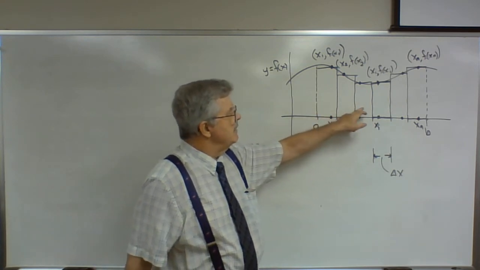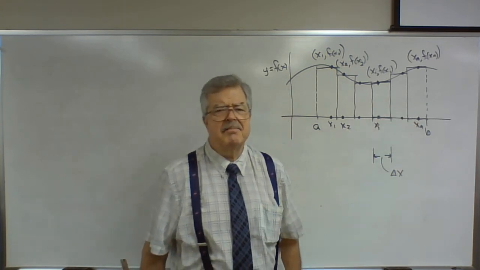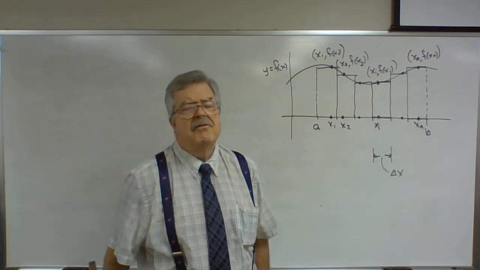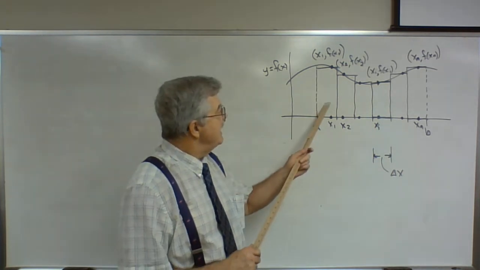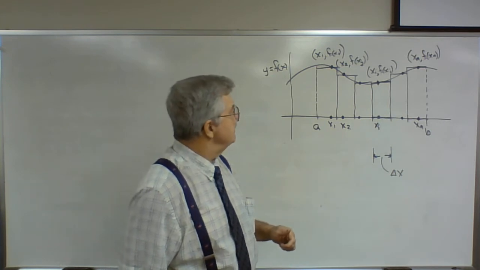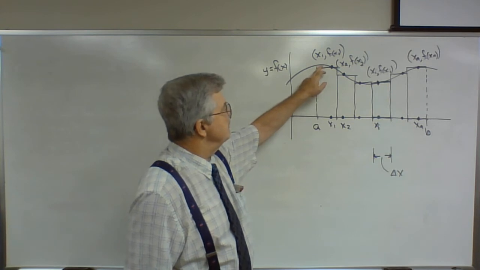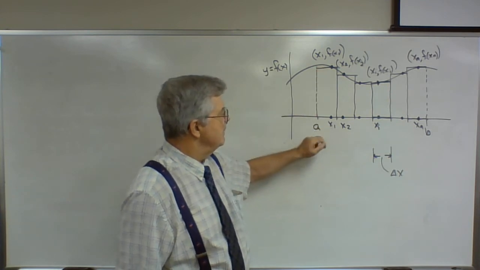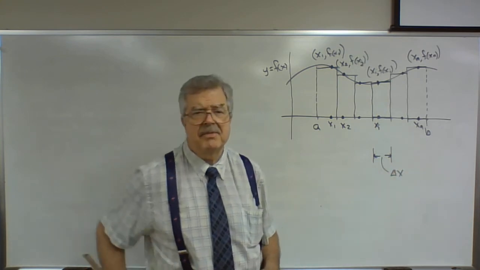These rectangles, when we stack them together side by side, form a region whose area and shape is approximately the same as the area and shape of the region bounded by this graph of f of x and the x-axis between x equal a and x equal b.